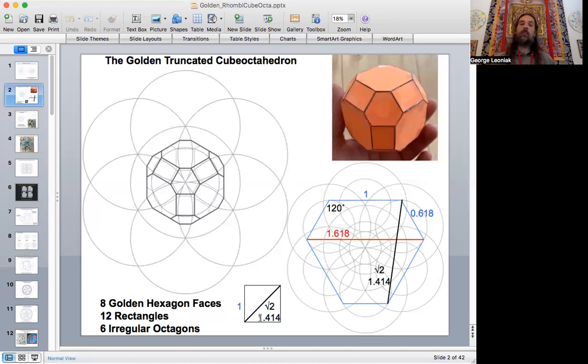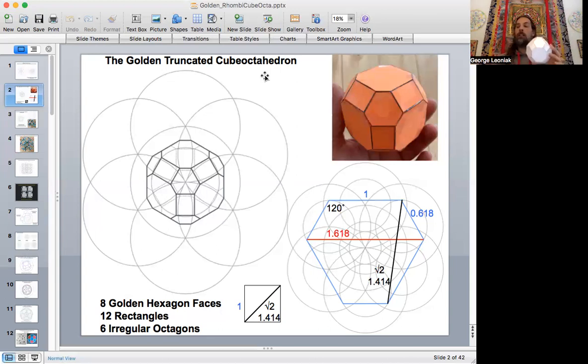And of course, the square root of 2 would be in a cube or a square. The diagonal there is the square root of 2 if it is 1 inch or unit 1 edge. So this form is a golden truncated cuboctahedron, and as I'll describe in just a little bit, it's a golden version of the truncated cuboctahedron, which is one of the Archimedean solids.